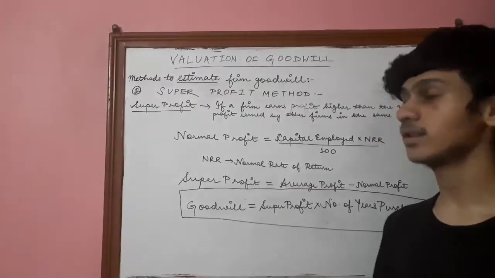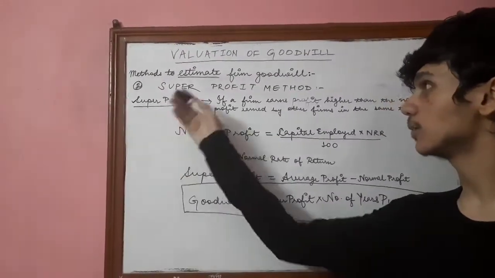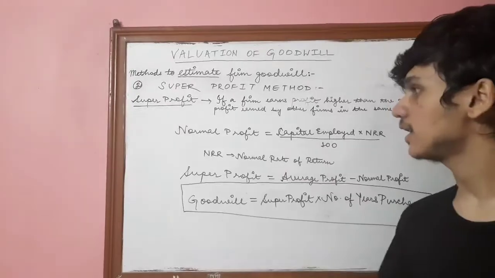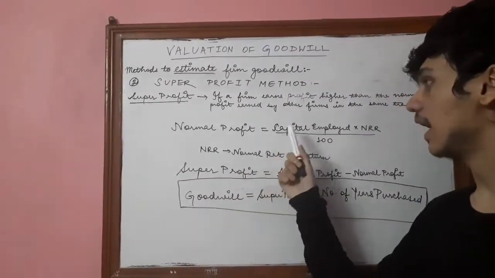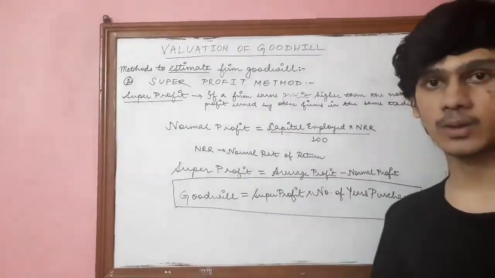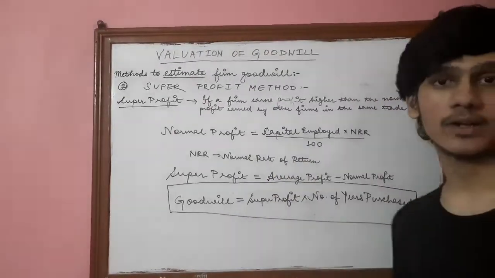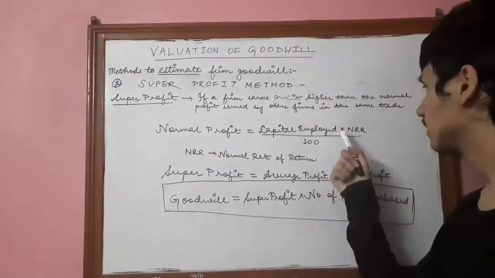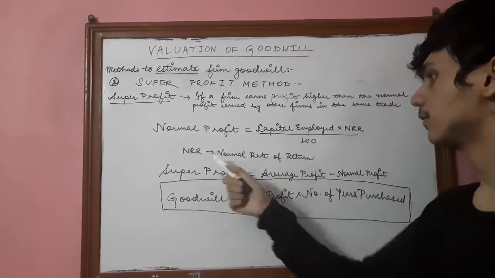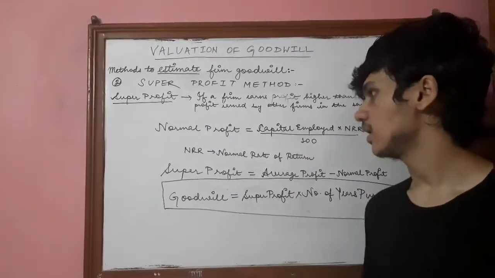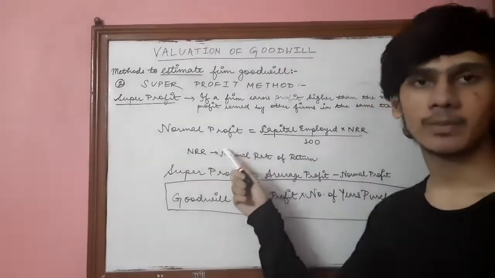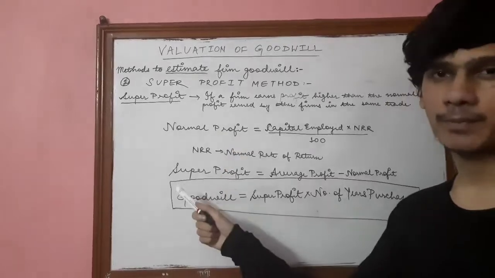To estimate the firm goodwill using the super profit method, first of all we need to calculate the normal profit. For this, we will be provided, or we have to calculate, the capital employed depending on the situation of the question and multiply it with the normal rate of return and then divide it by 100. And after we get the value of normal profit, we have to find super profit.